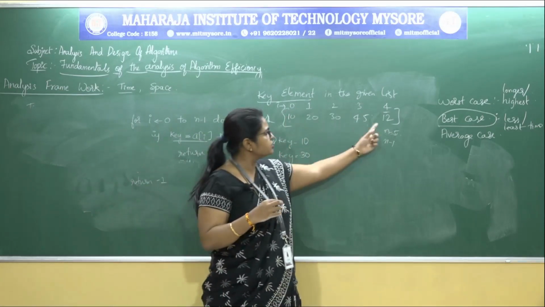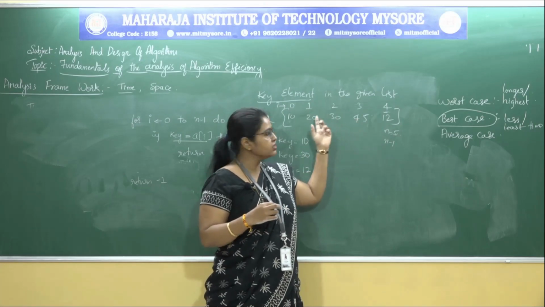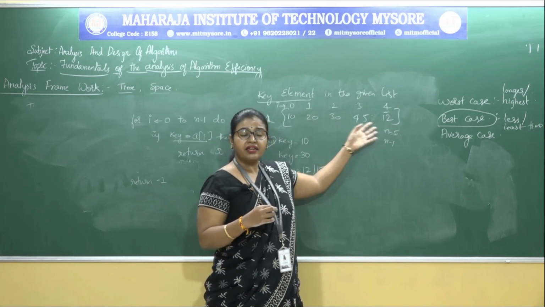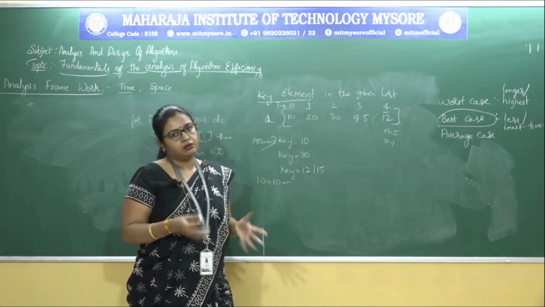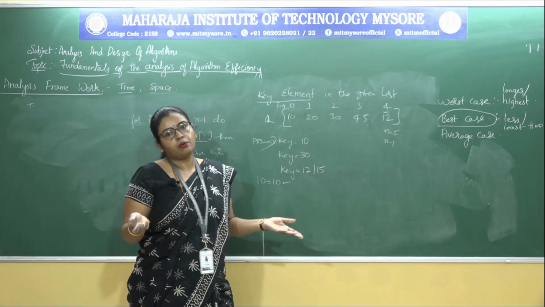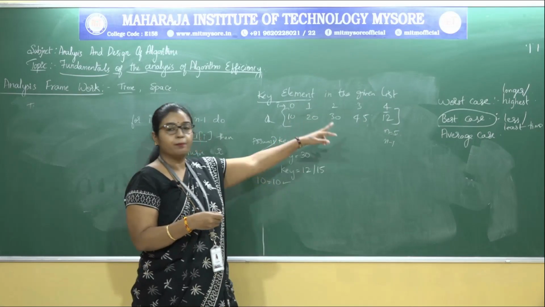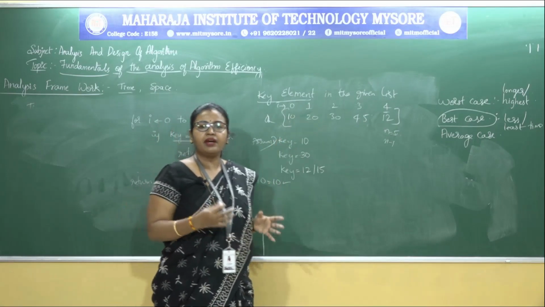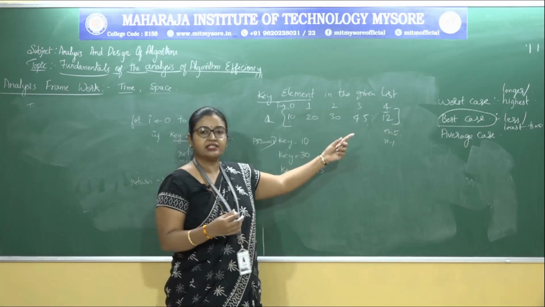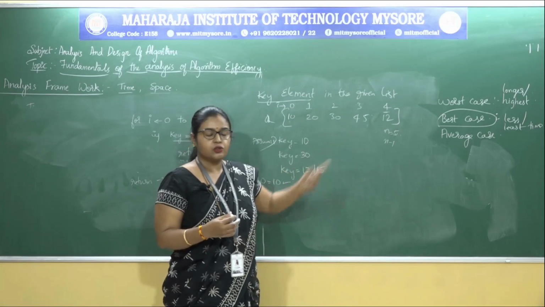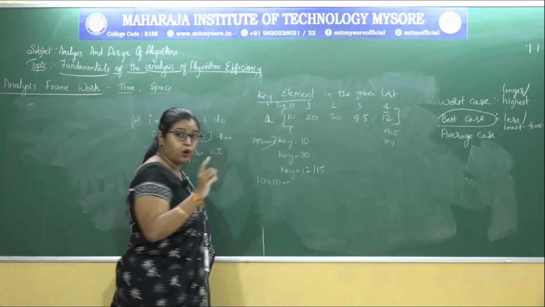What about the remaining comparisons? The remaining elements are not going to be compared with the key element. Why? I have done my job, so why should I bother about the other elements? This is what the best case is: the execution that takes the least time.